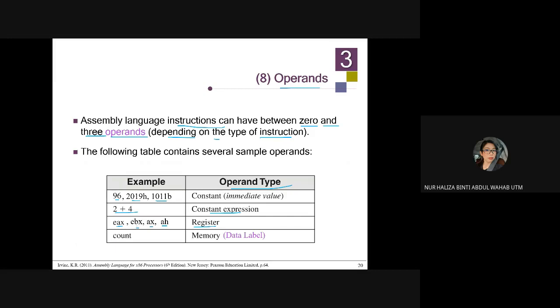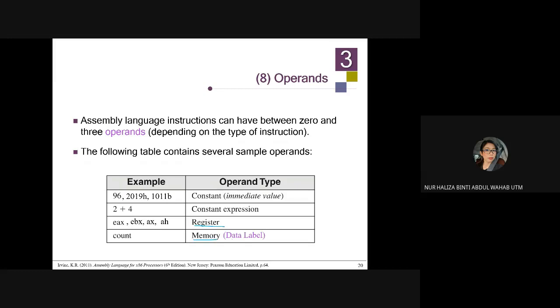EBX is the base register. EAX is the accumulator register also, but it is the primary accumulator. This one is the high accumulator. And after this, you're going to look into low and so on. These are all types of registers.